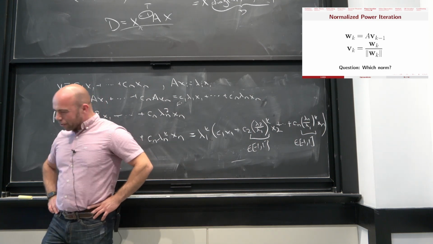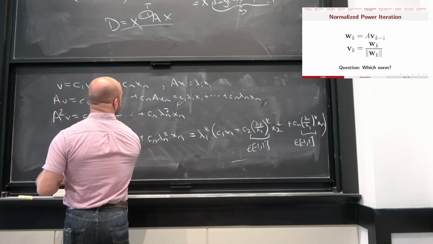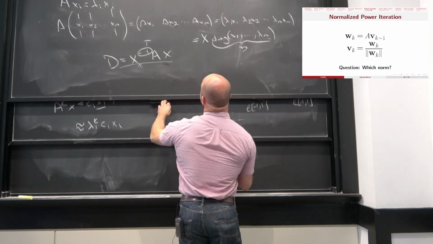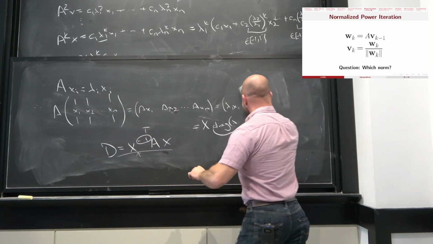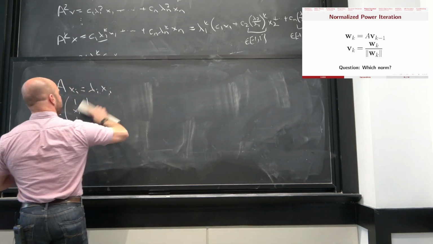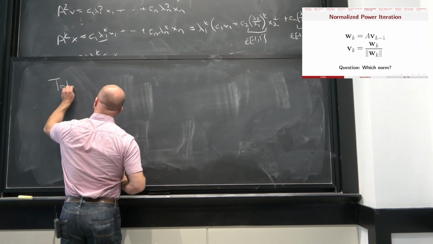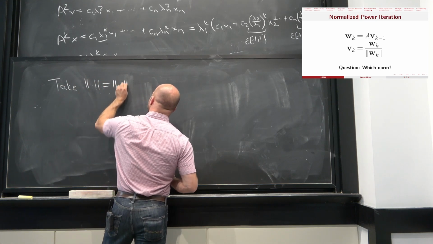In fact, there's a really clever choice of norm here, which I kind of like. But I'm going to put that here, which is the following. Let's say that I take our norm here to be the infinity norm.